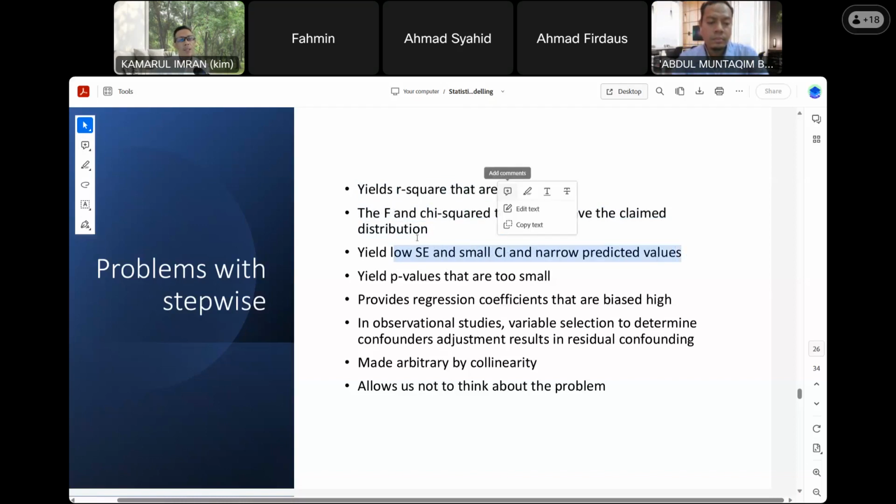Okay. And you get very small p-values. Of course, this is good news kan. You get very small p-values, right? Tapi the p-values are biased. Okay. And you provide regression coefficients that are highly biased.